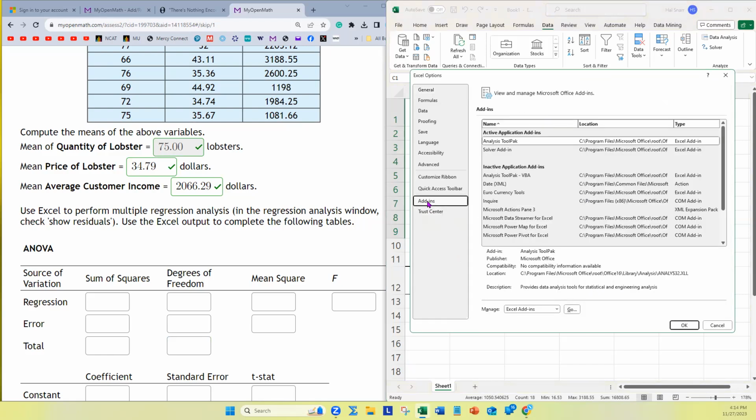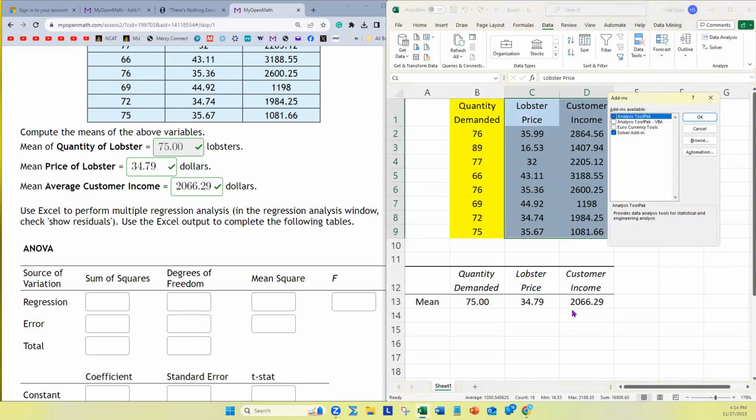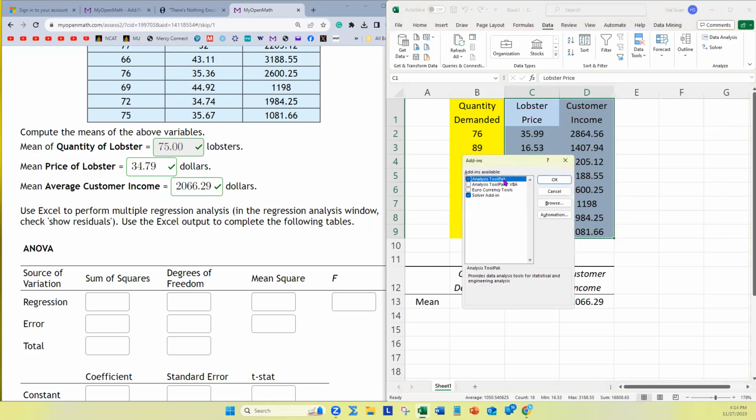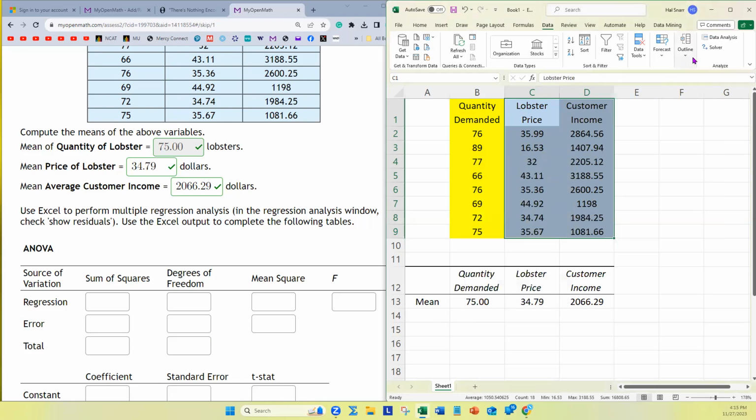Then down here it says Excel add-ins. Hit Go. And then make sure your Analysis ToolPak is check marked. Standard or VBA? Just standard. And then just hit OK. Now I have it. Yeah, there it is, right?